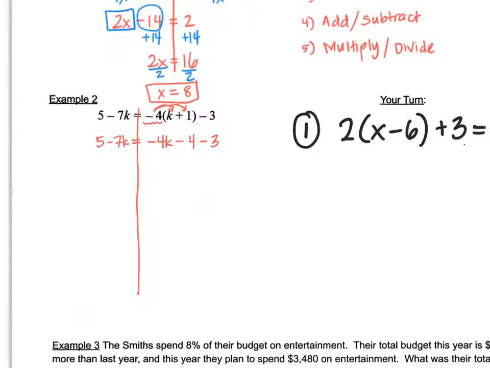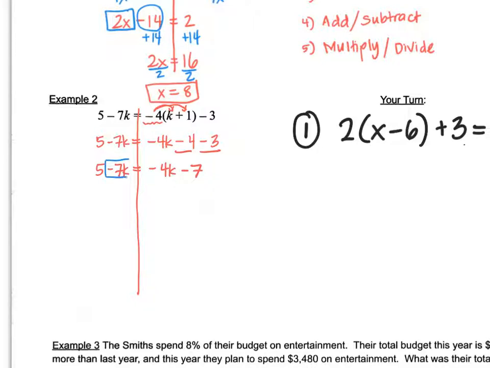Let's combine like terms. I have this one doesn't have a k. That one has k. I can't combine those. On the right side, that one has a k, but that's the only one that has a k. But look, I can combine that and that. -4 and -3 make -7. Okay. 5 minus 7k, still the same. Next step.